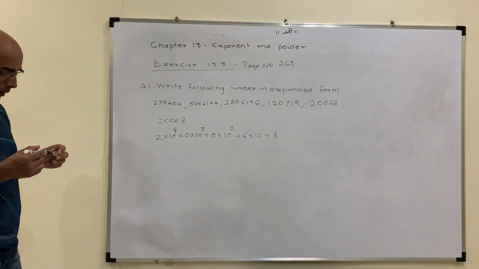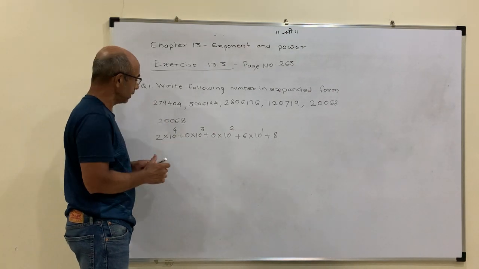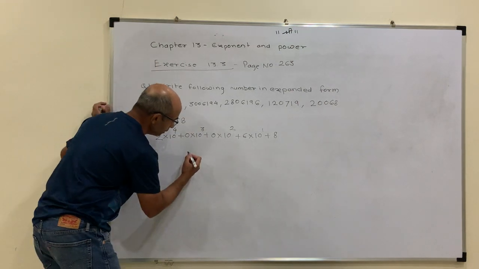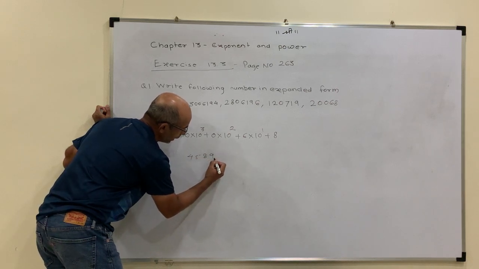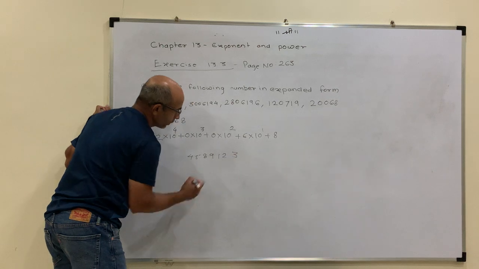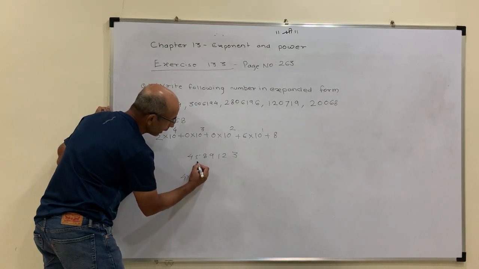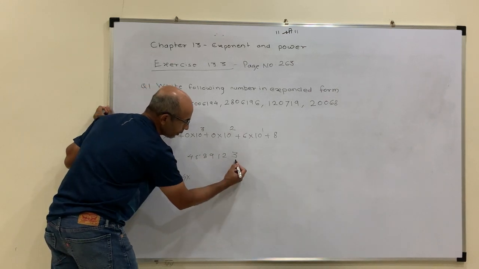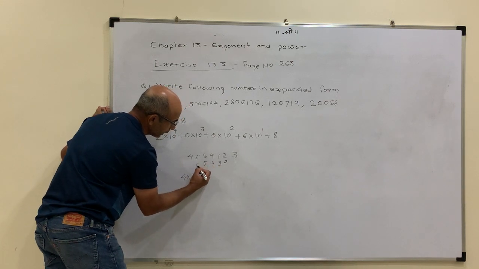Now for larger numbers, if you don't want to commit any mistake, there is a better way to do that. Suppose this is the number which I need to write in expanded form, say 4589123. What I will be doing is write 1, 2, 3, 4, 5, 6 from here.